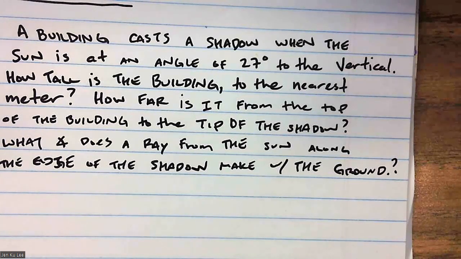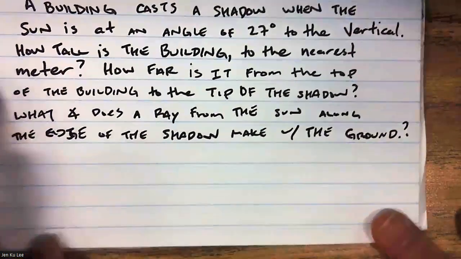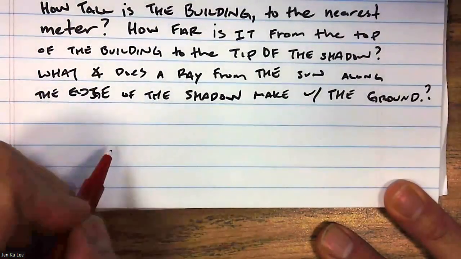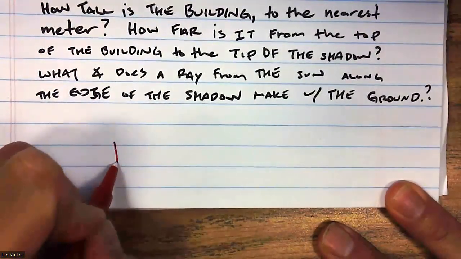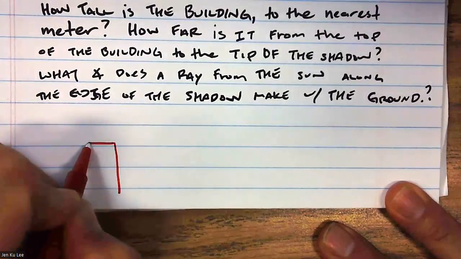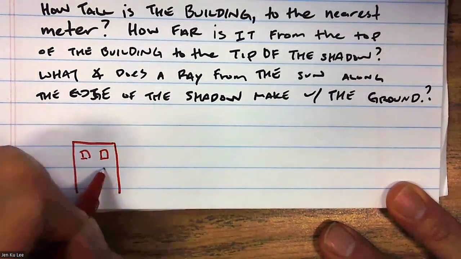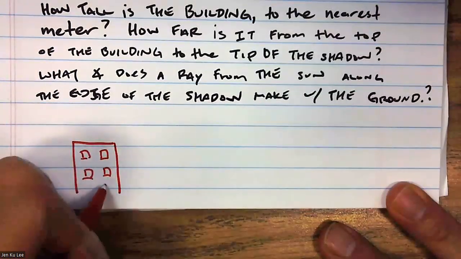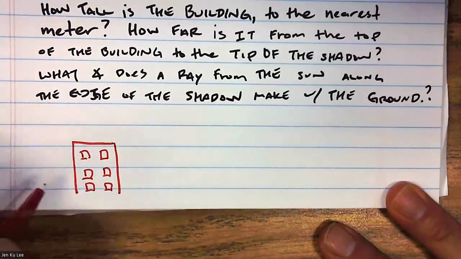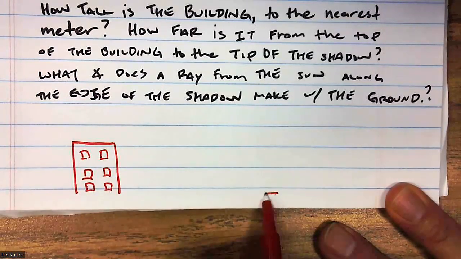So there's a building and it casts a shadow in the sun, right? So there's the sun and the building. Don't laugh. My building. Here's the ground.